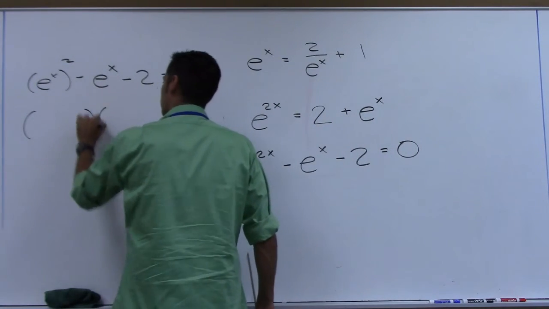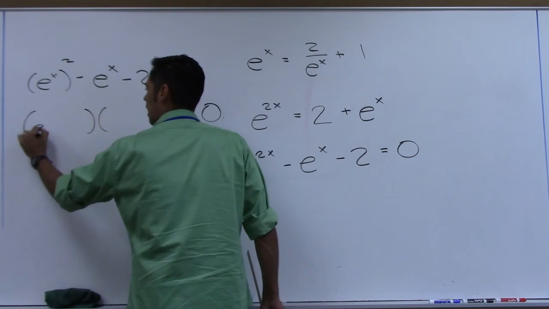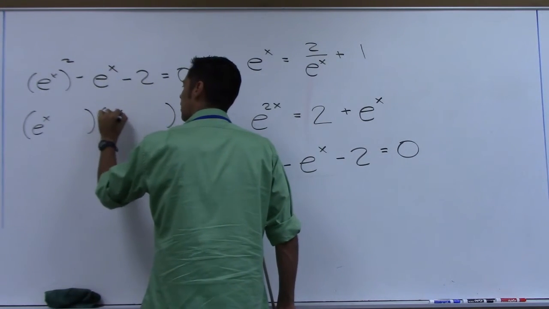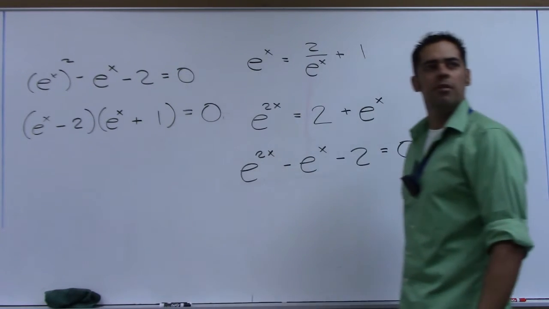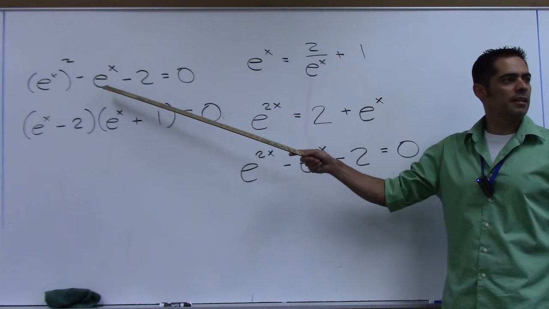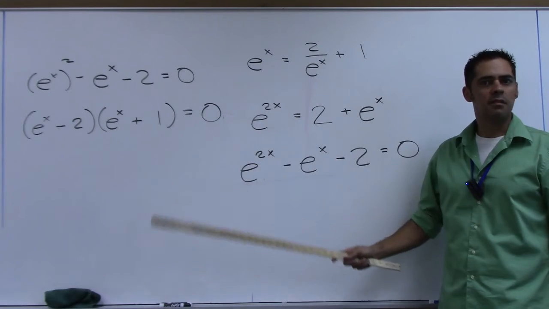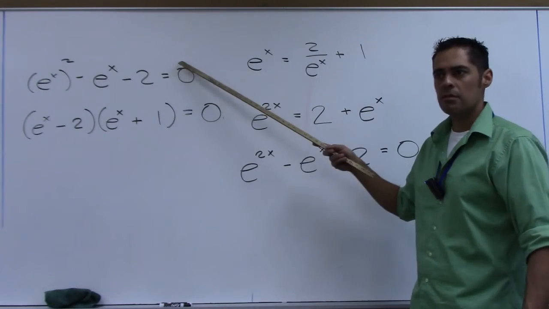Can this be factored? E to the x minus 2 plus 1. Do you agree with that? Do you all see that this is a quadratic in e to the x? Yeah? That if I multiply these back out, I should get this?